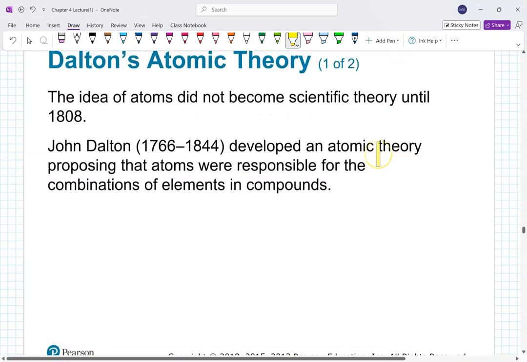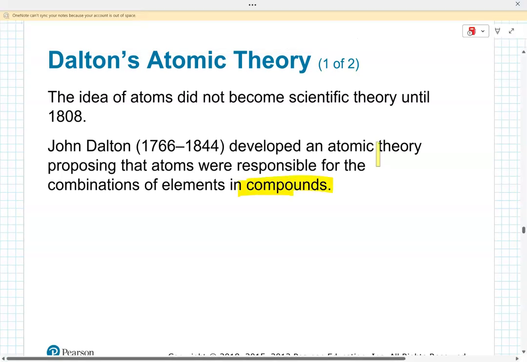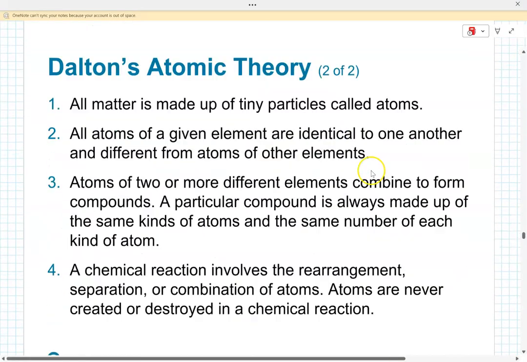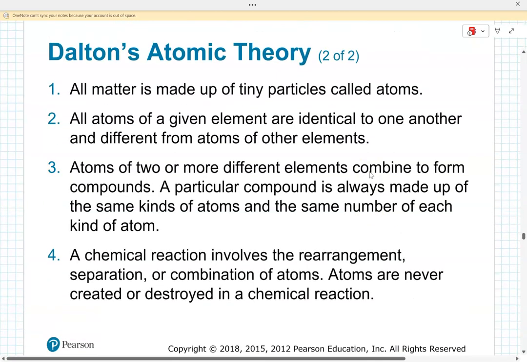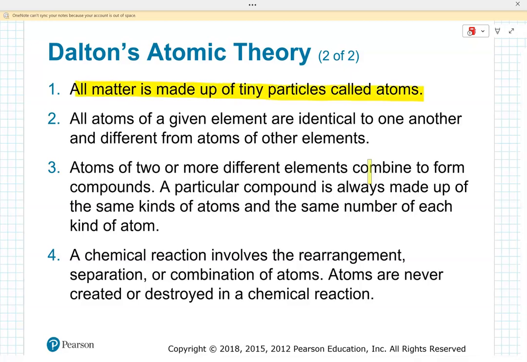Dalton suggested several things regarding atoms, but he was applying it more to the compounds here. So here are Dalton's ideas. He didn't know what the atom was. He didn't know the structure, but he said, okay, every piece of matter consists of atoms, period. That's it.